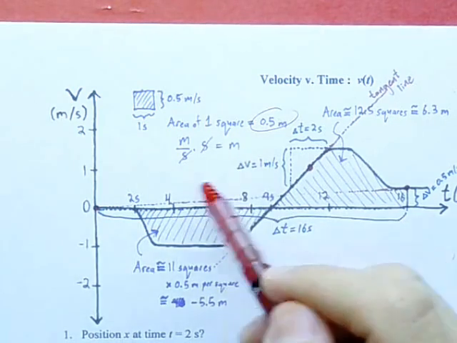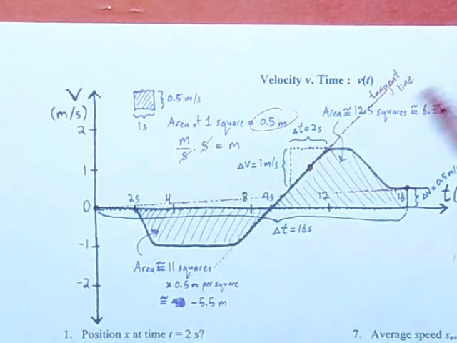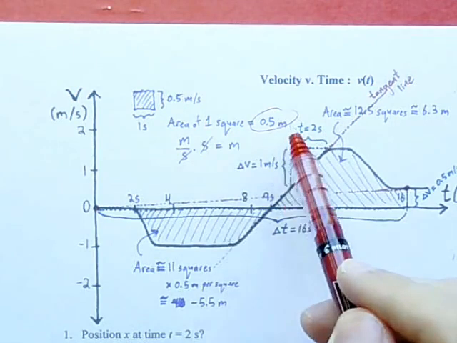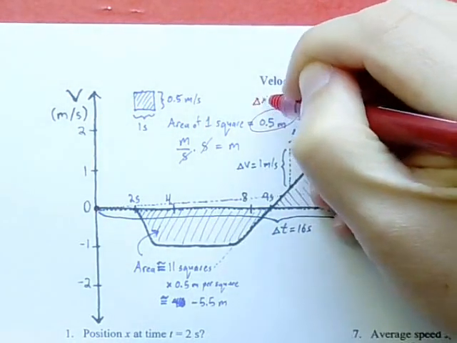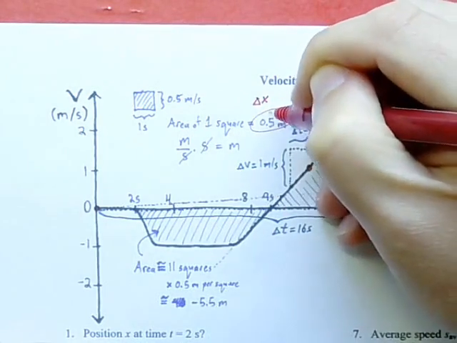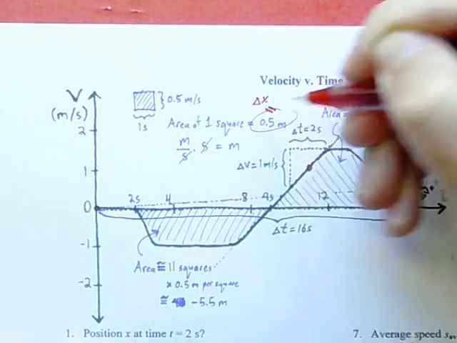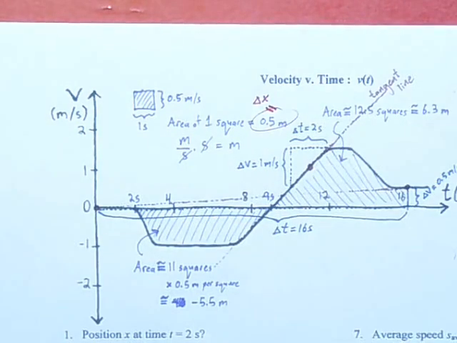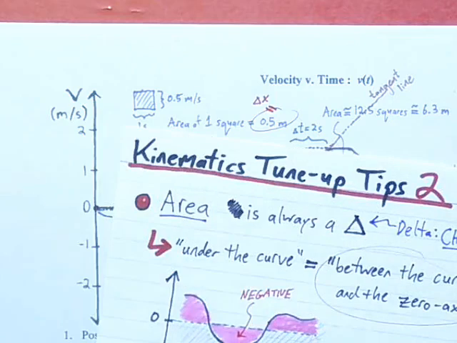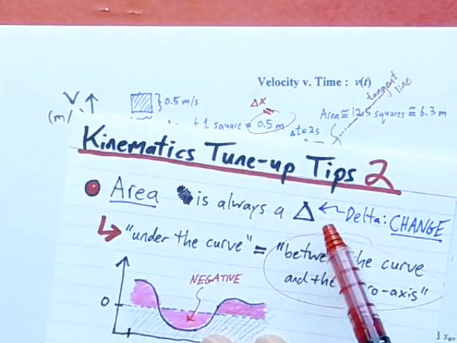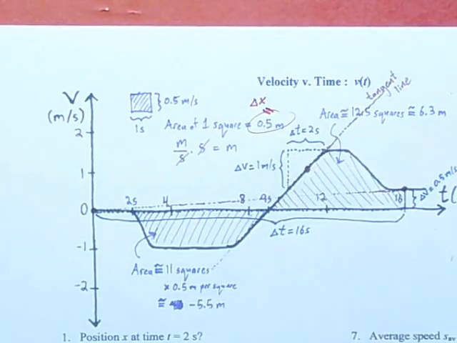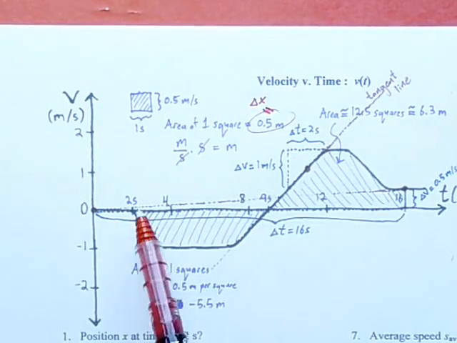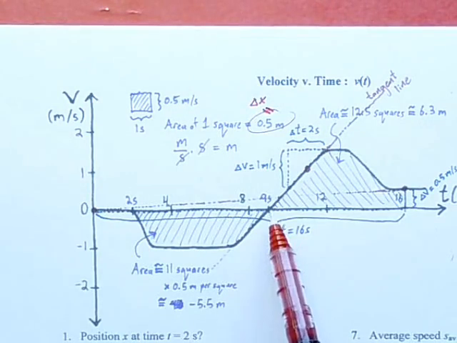I'm going to come back to the question of these unit cancellations here in a little bit. So we see that one square has an area equivalent to a displacement of 0.5 meters. Remember that our areas are changes. Every area is a change, a delta. So a little box is a little delta of 0.5 meters. And so if we want the area under the curve from here to here, then we just count up all the boxes.